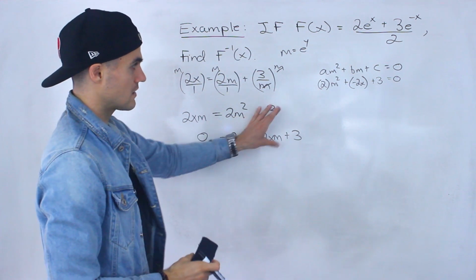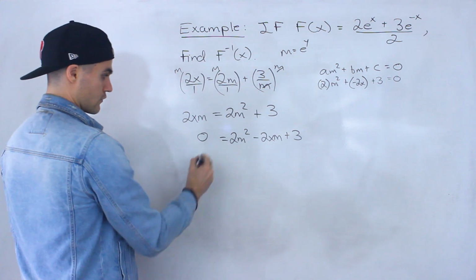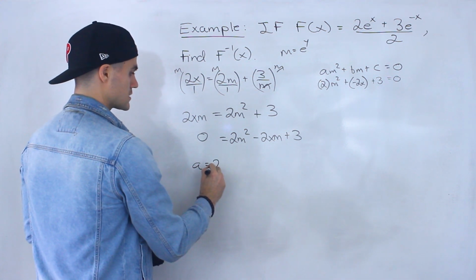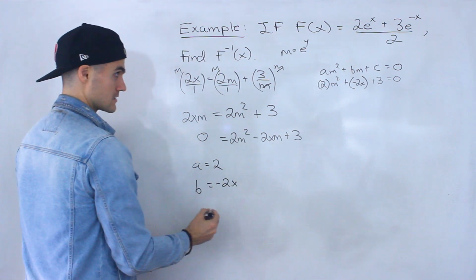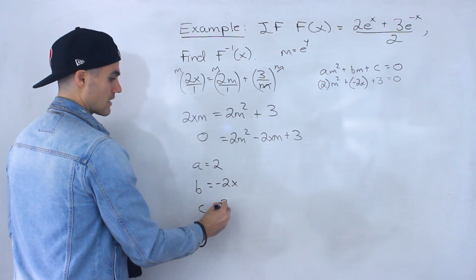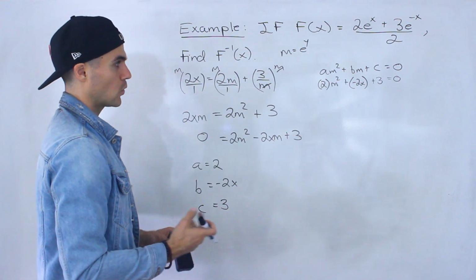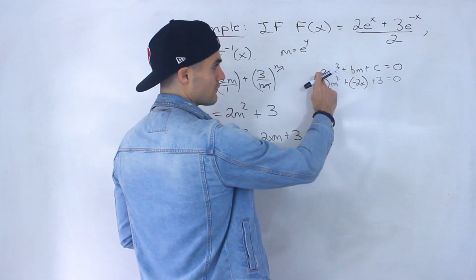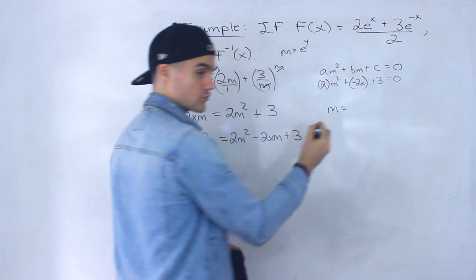Okay, so this here is just a quadratic equation in that format. From here, the a value is 2, the b value is negative 2x, and the c value is 3. Now, when we have a quadratic equation, am squared plus bm plus c, what's m equal to?